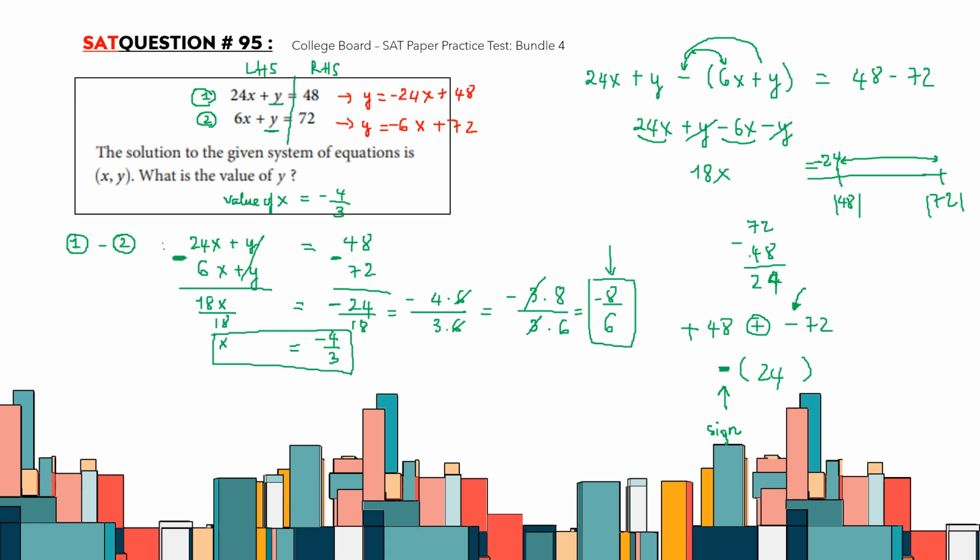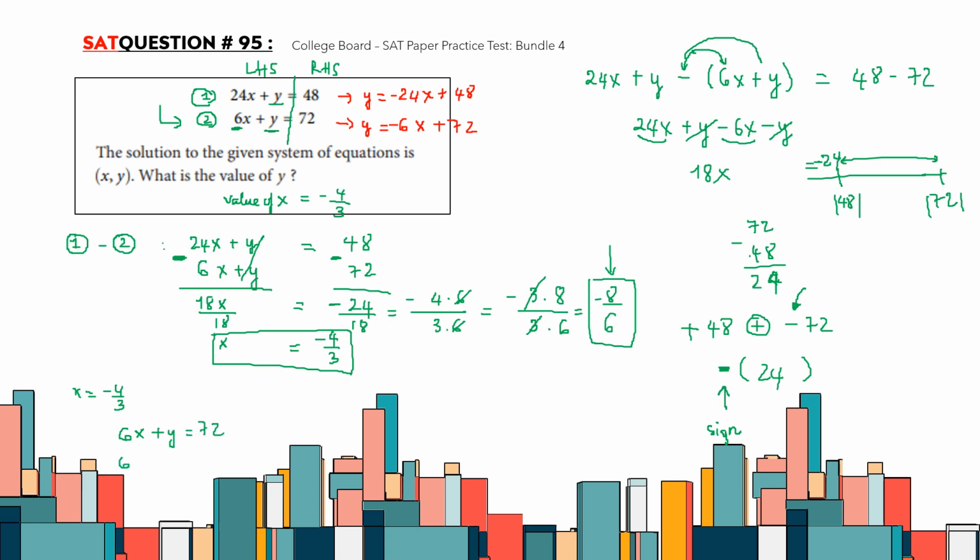Because to find y, I have to plug into one of the equations, and I will choose the second one since it has smaller numbers to plug in. Let's use x equal to negative 4 over 3. I will plug into 6 times x plus y equals 72.